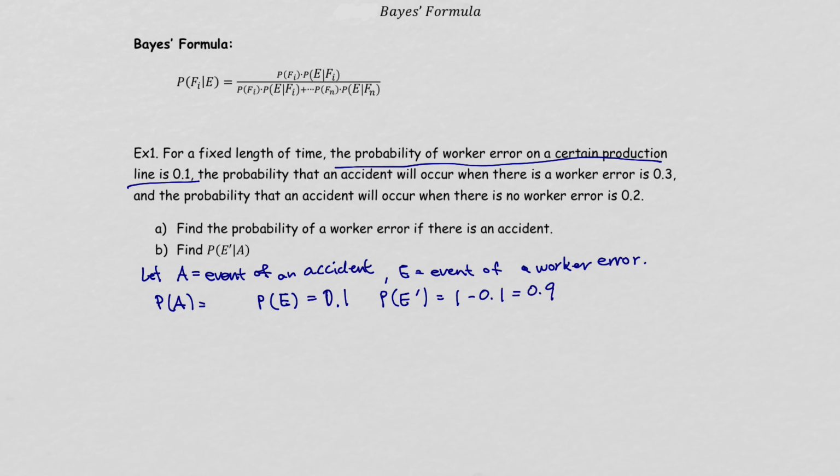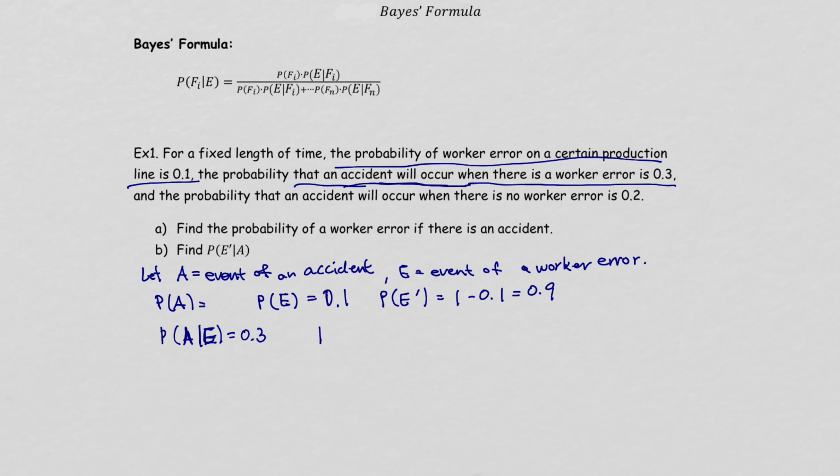And then what else is given? It also said the probability of A given E is the probability that an accident will occur when there is a worker's error. Accident given worker's error is 0.3.